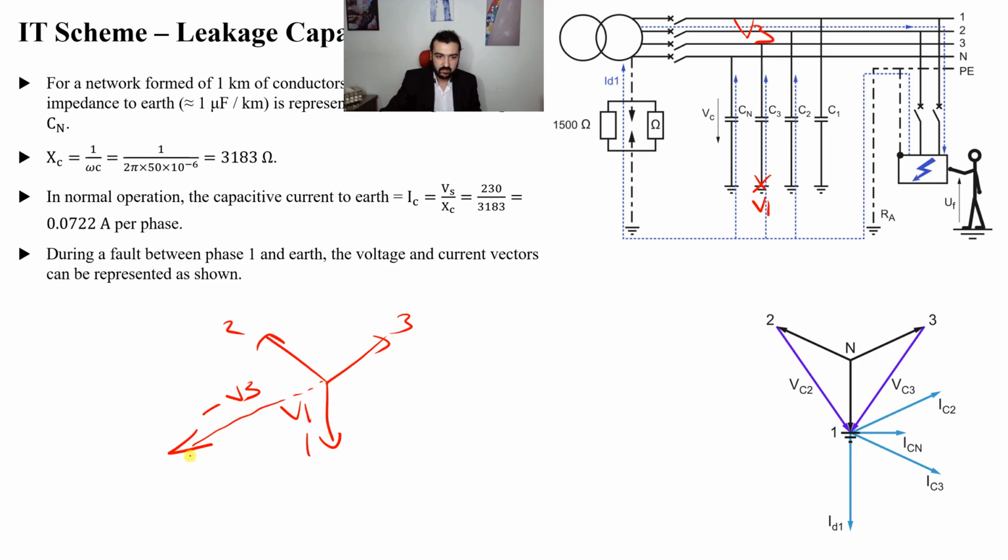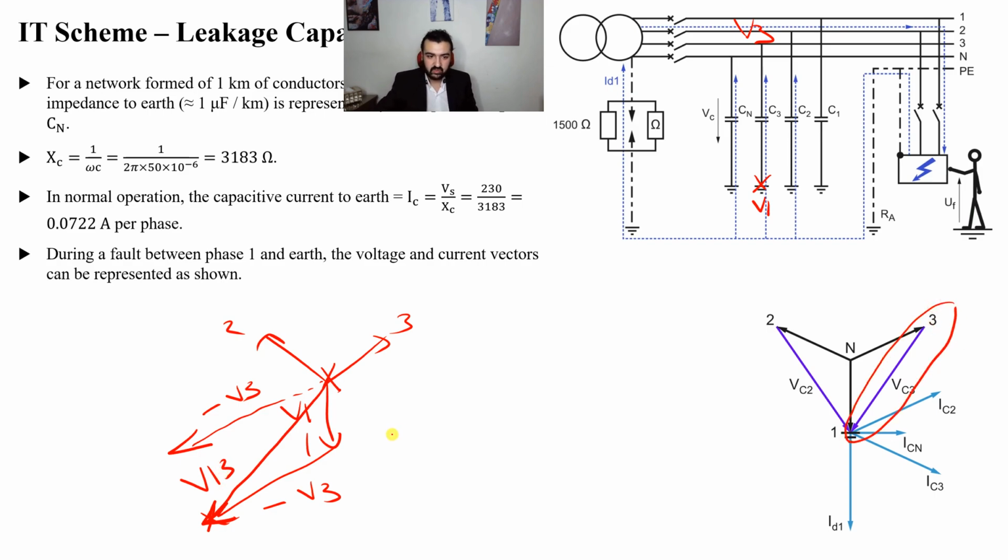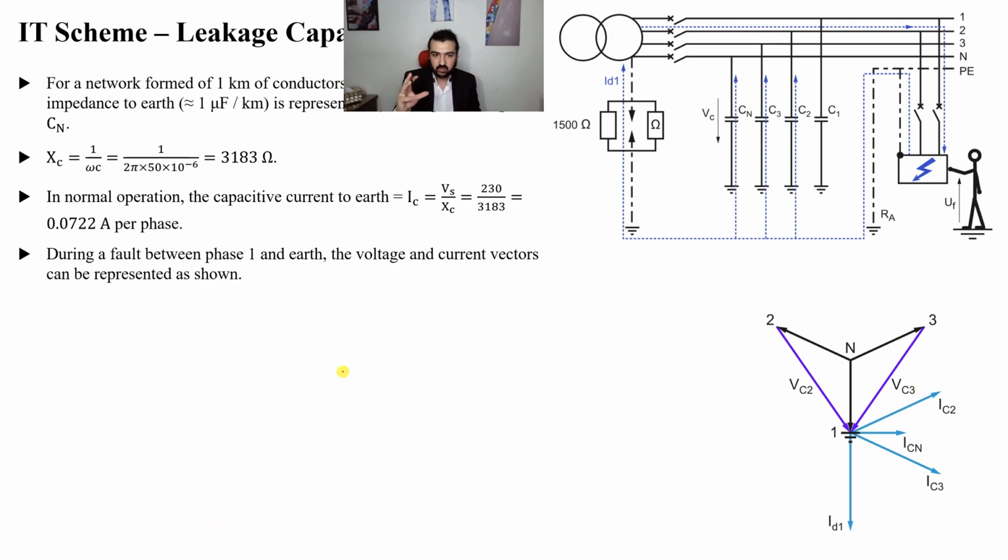Take this like this, parallel to it, negative V3. Take the beginning and the end, connect them like this. You will have V13, which is this one here. Same as what I have drawn here. So just vector summation.